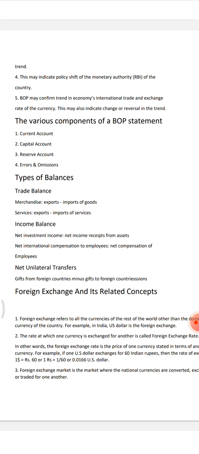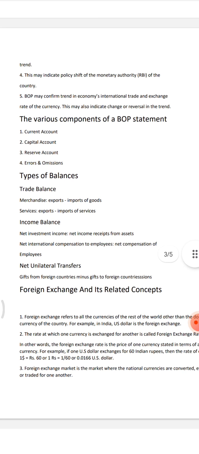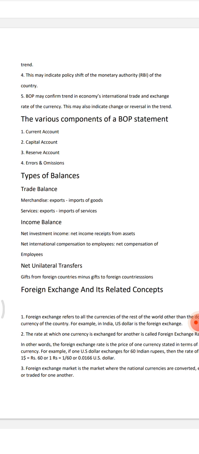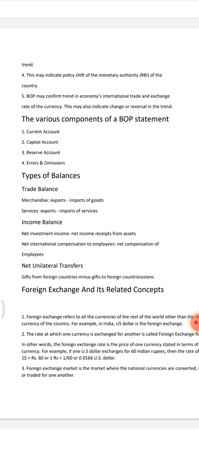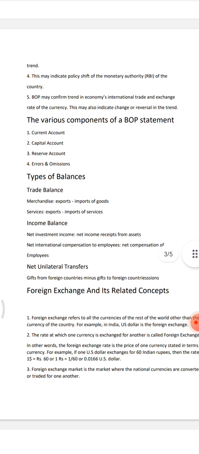It could be anything. So the current account includes export and import of services, interest, profit, dividends, and unilateral receipts from or to abroad. This is important: from or to abroad, both will be included.